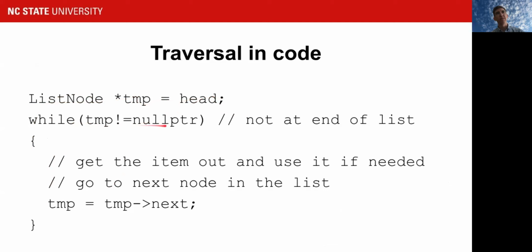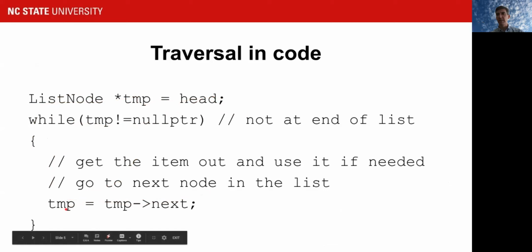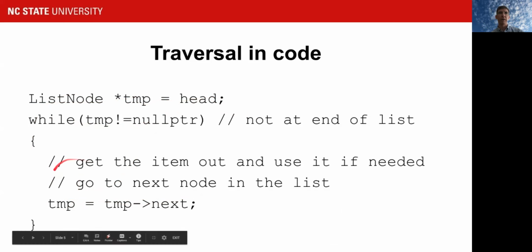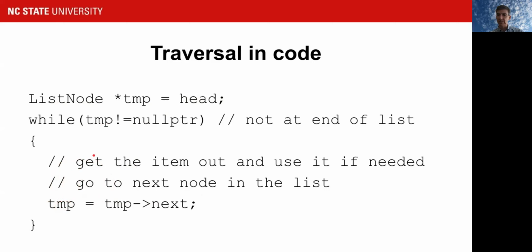And then while temp does not equal null pointer, I can loop. As long as temp doesn't become null, I'm not at the end of the list and I can loop. Each time I go around this loop, I advance my pointer one node, so temp equals temp arrow next. That moves me down one node. And then in the body of this loop, since I have this pointer temp pointing to that node, I could get the data out of it and do an operation on it if I need to.